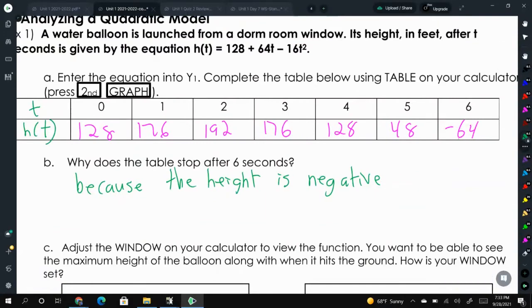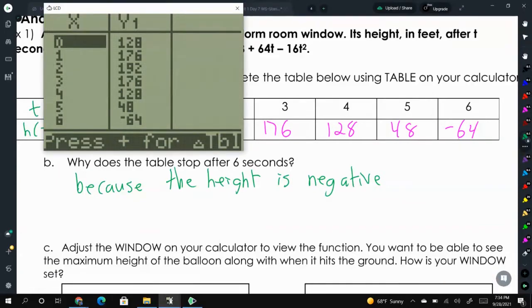That's why we don't have any negative t values in our table, because we don't have negative time. It wouldn't make sense to say, oh, 1 second before I launched the balloon, it was at 48 feet in the air. That just doesn't make logical sense. So you have to be careful when looking at these problems that have context in them.